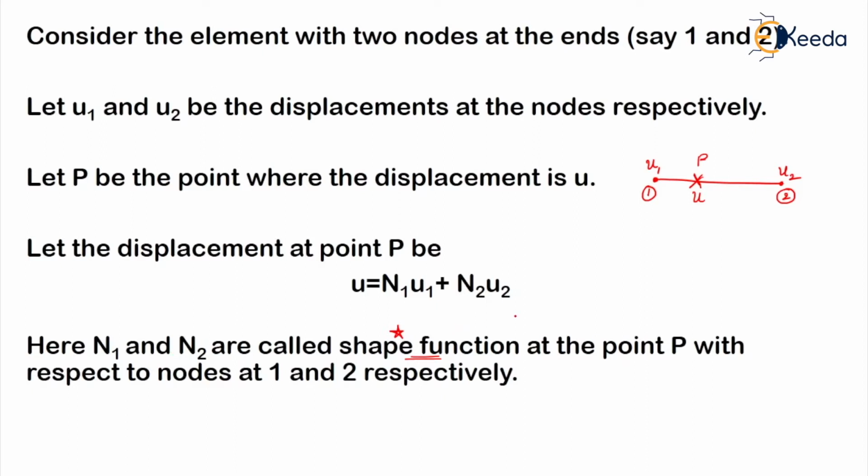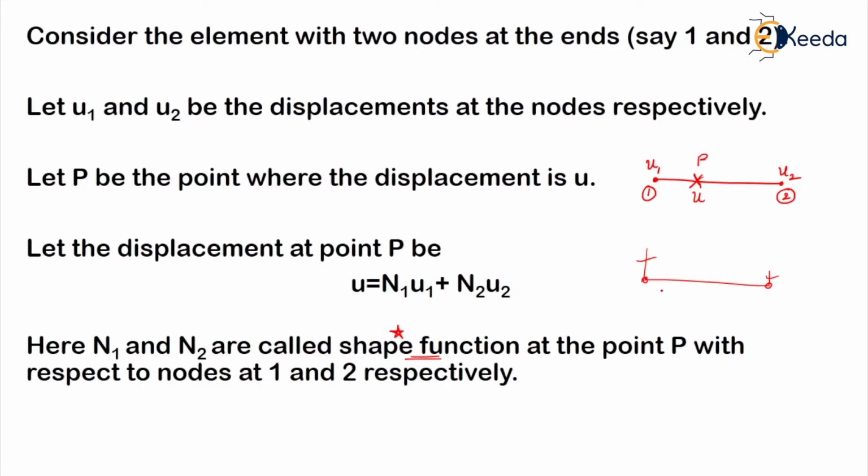Now what is a shape function? Say, for example, there is a beam or an element like this, and at this point there is some displacement. In FEM, at nodes we can easily find the displacement, but if there are no nodes in between, how do we find the displacement?